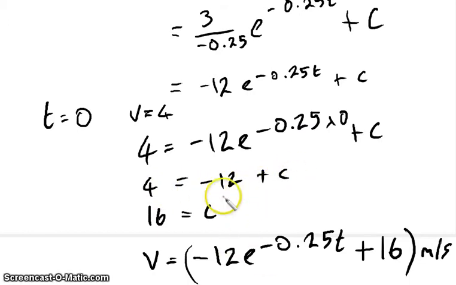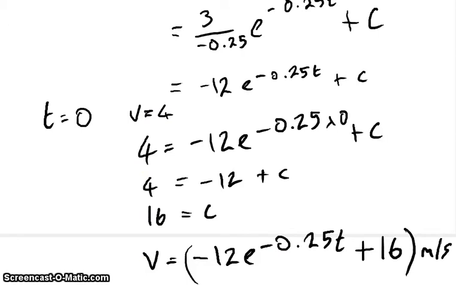Rearranging that, you just have that the constant of integration is 16. So the final answer for the velocity is minus 12e to the minus 0.25t plus 16. And it's important to not forget the units at the end. So we're dealing with velocity, so the units are meters per second.